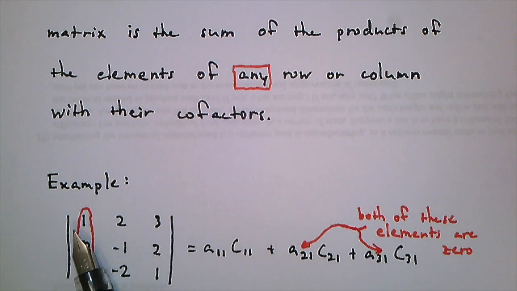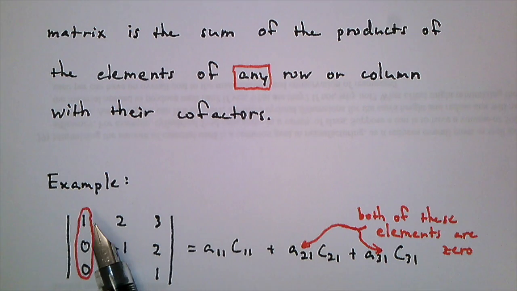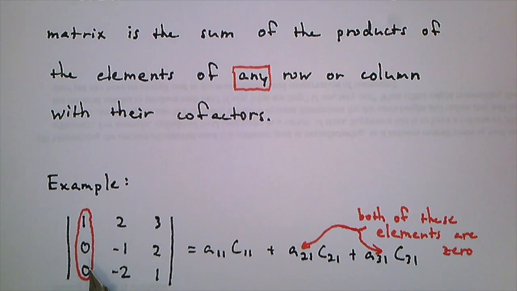So instead of doing the determinant with the first row, we're going to do it with the first column. So we're still going to take the elements of the column and multiply by their cofactors. So here's the first element times its cofactor, the A21 element times its cofactor, and then A31 times its cofactor.